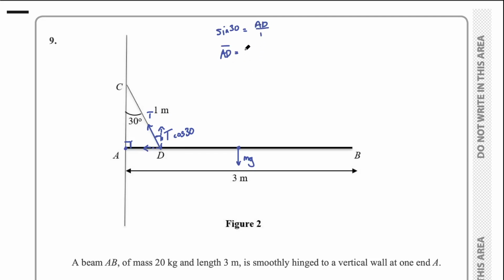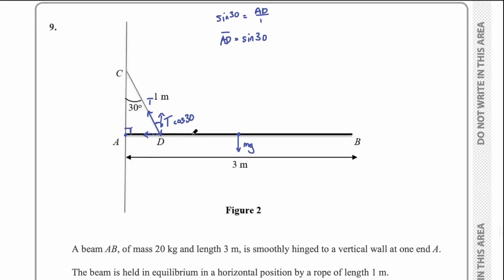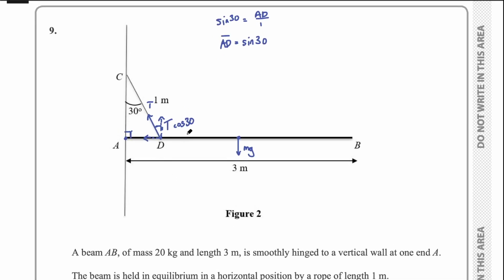So AD will equal sine 30. And as I said, we already know the distance from the center to A. That's going to be half of 3, which is 1.5 meters. So if we take the moments around A, we know the distances and we can compare the forces.